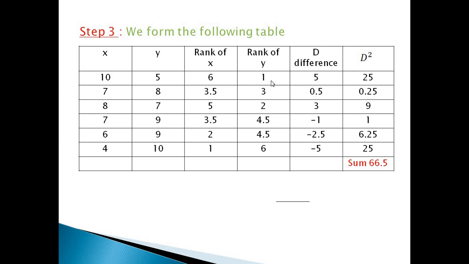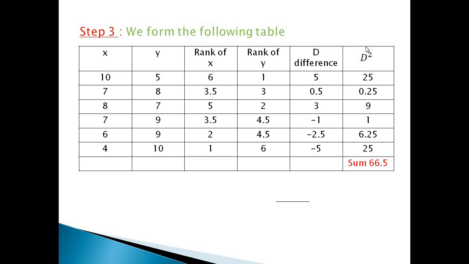Rank of x minus rank of y. 6 minus 1, the difference will be 5. 3.5 minus 3 give me 0.5. 5 minus 2 give me 3. 3.5 minus 4.5, negative 1. 2 minus 4.5, negative 2.5. 1 minus 6 give me negative 5. This is called the difference between the ranks.